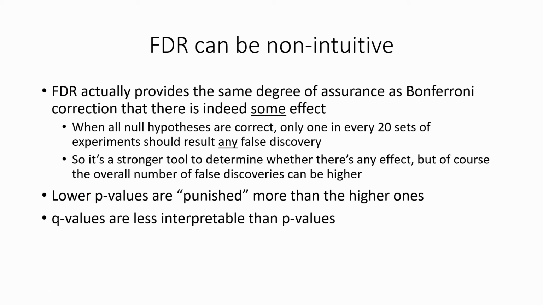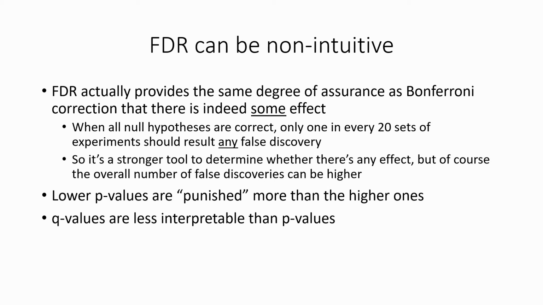We saw that it's very tricky to interpret a p-value correctly. To specify the exact definition and then to have some intuitive understanding of what it means is not easy, and it confuses even experienced researchers. With q-values, it's even worse to have a clear intuitive understanding of what it means.